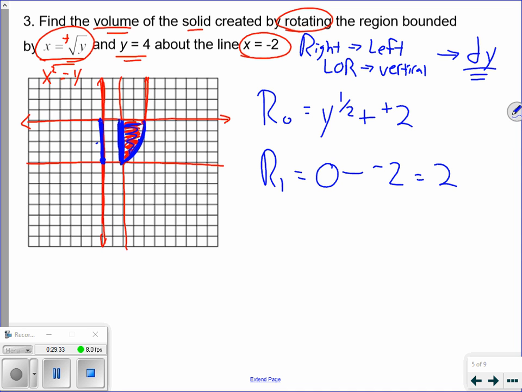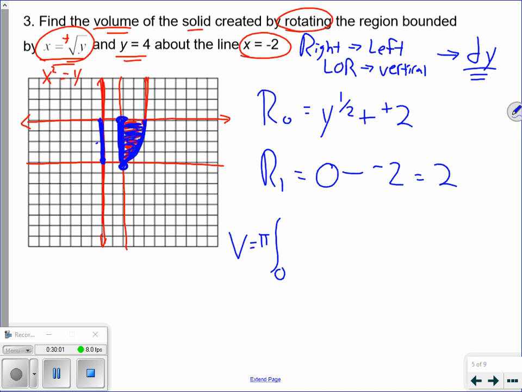Okay. So that's going to take the volume created by the outer, subtract the volume created by the inner, and we're going to be left with the volume in between the two. Okay. So remember, simple formula. Volume equals pi, integration from A to B. Now it's going from the most bottom point to the most top point whenever we're revolving around a vertical line, right?